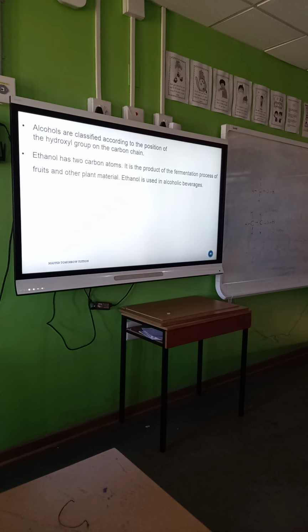So if your molecule has 5 carbons, and the OH, which is the functional group, is by the 3rd carbon, then you should indicate where that functional group is. As we did there, we said butan-2-ol. Okay.